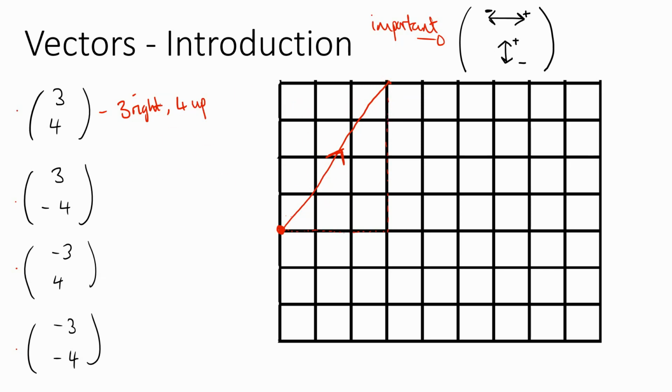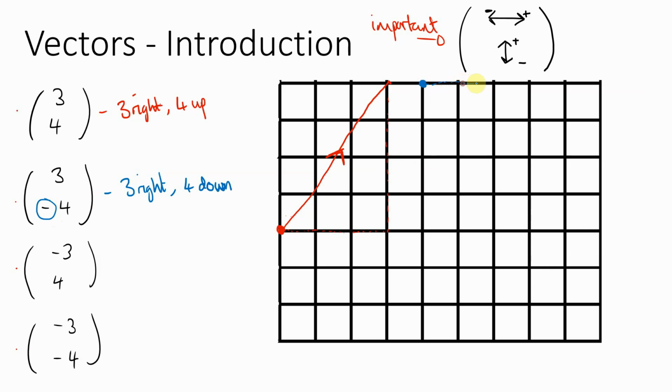So I'm going to try and change colour for each one of these, just so it's more obvious which is which. So this is going to be blue. This one here is going to be 3 to the right because it's +3, but this time it would be 4 down because we've got a negative number here. So I'm just going to start this one here because I know it'll fit on my grid.